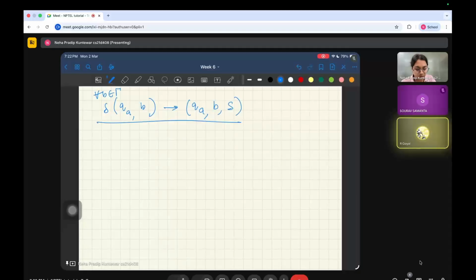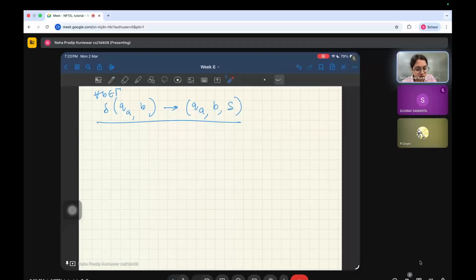So in this case, I can write delta of QA comma b equals QA comma b comma R, and I keep on moving towards R, and then I can write this b as an element of sigma as well, and I keep on moving towards R. Yeah, in fact, whatever you are going to read here, you'll always write the same thing if you follow the DFA construction, because a DFA is not allowed to change the input.